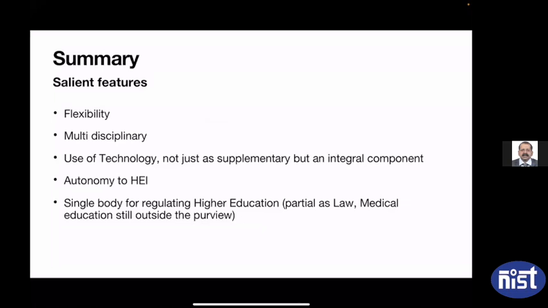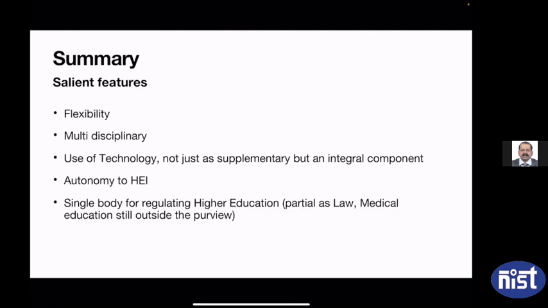There's a talk of autonomy to all higher education institutions and a single regulating body, which again, single is to be taken with a pinch of salt because law and medical education are still outside the purview. So this is what I feel, and in my opinion and assessment, it is not just old wine in new bottles.